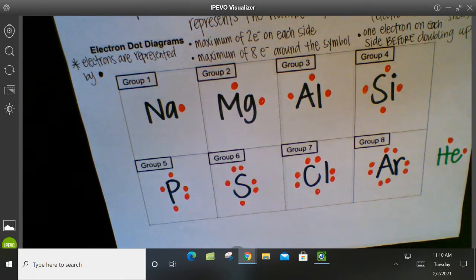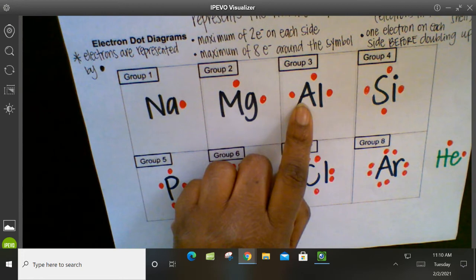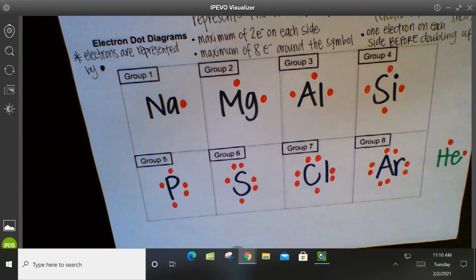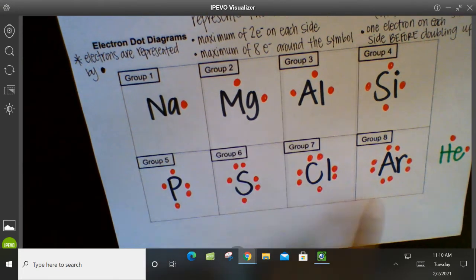All right, and so there's just a little bit of information I want to give you regarding these elements, these representative elements. And so if you look here, groups 1, 2, 3 represent metals. All right, metals lose electrons when they're forming ionic bonds. All right, groups 5, 6, and 7 are nonmetals.